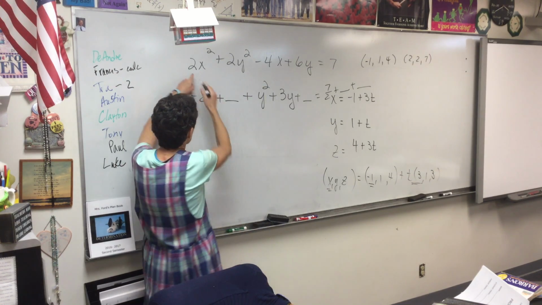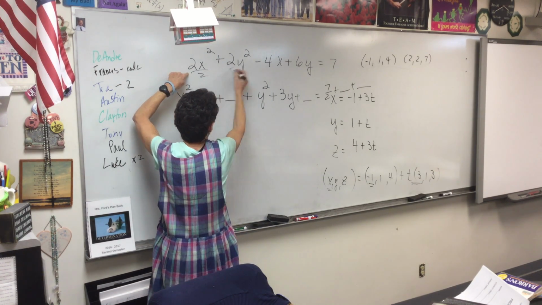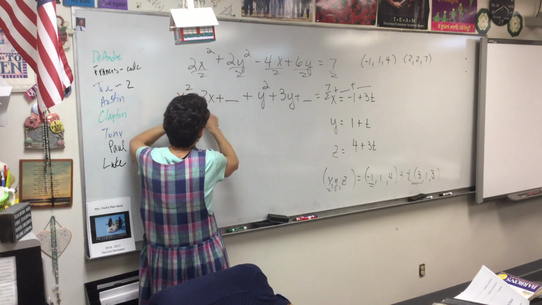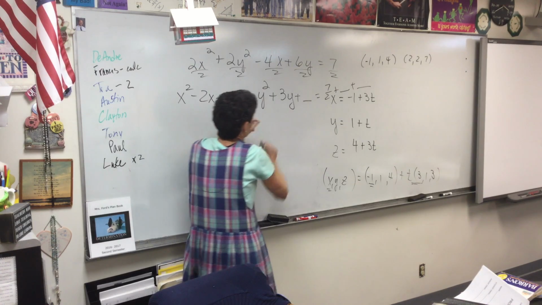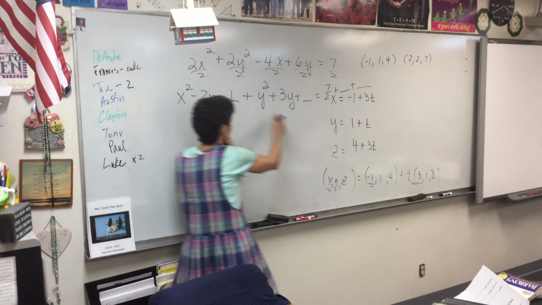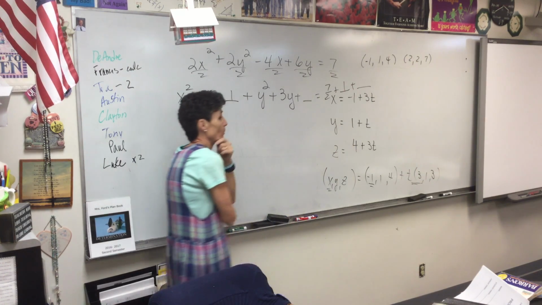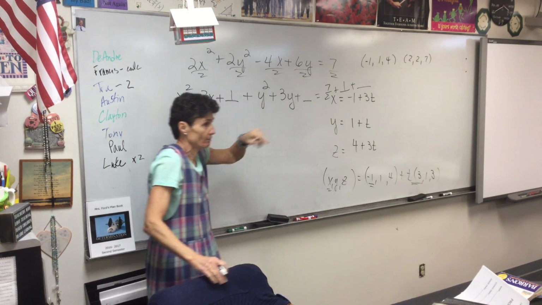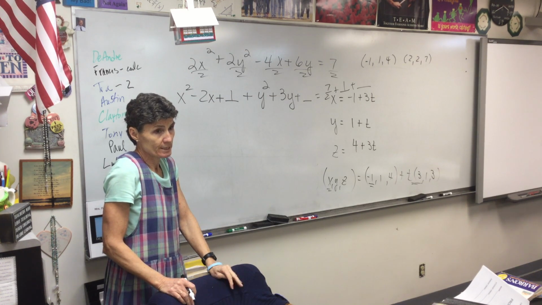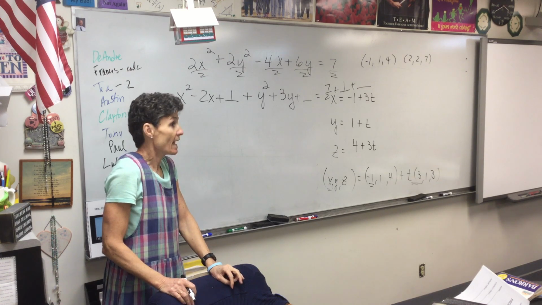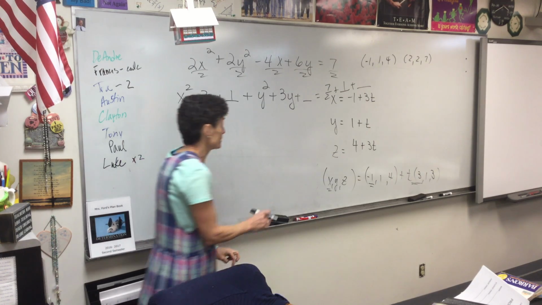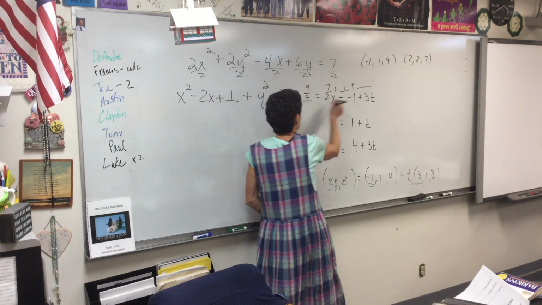So I took my x's and I'm dividing everything by 2. And then I rearranged. So my x's are together, my y's are together. So I'll put a 1 here. Oh boy. What completes the square here? Half of 3 is 3 halves, and 3 halves squared is 9/4.